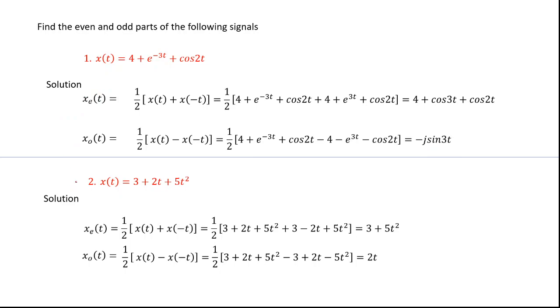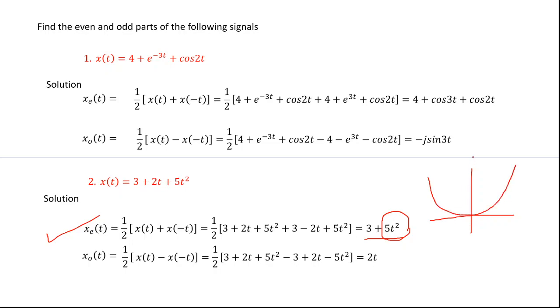Similarly, let's take another example where x of t is given as 3 plus 2t plus 5t square. Its even part can be calculated as 3 plus 5t square. T square is parabolic, and a parabolic function is also an even function.